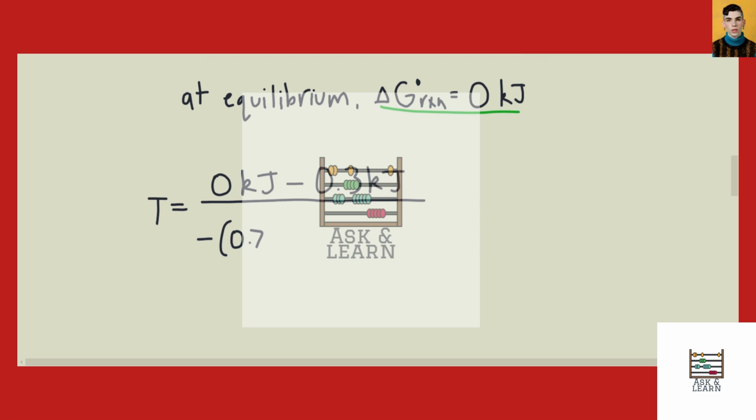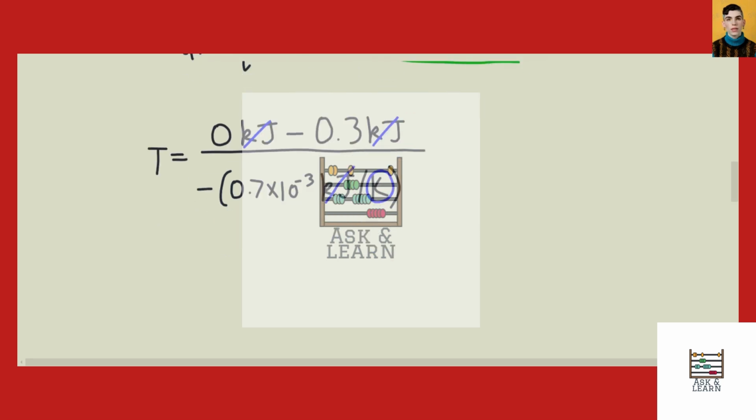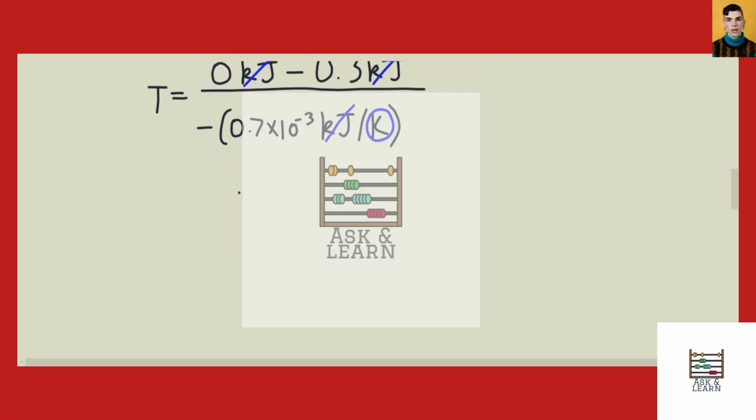But we should convert this into kilojoules by dividing by 1,000, so that the units of kilojoules in the denominator cancel out with the units of kilojoules in the numerator, so that we are left with temperature units of Kelvin. And now when we solve that out, we should get a temperature for when this reaction equilibrates to be equal to about 429 Kelvin.